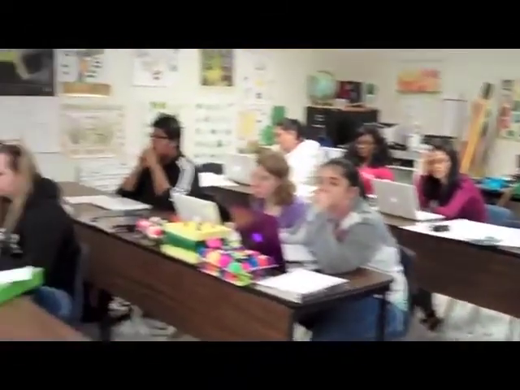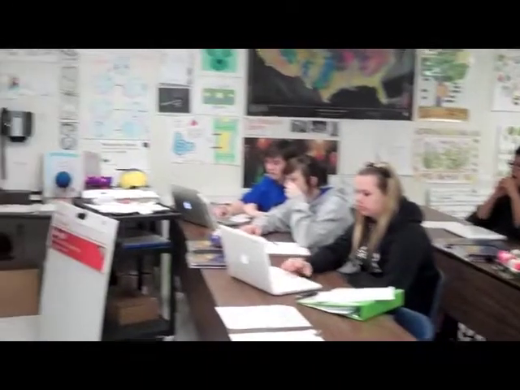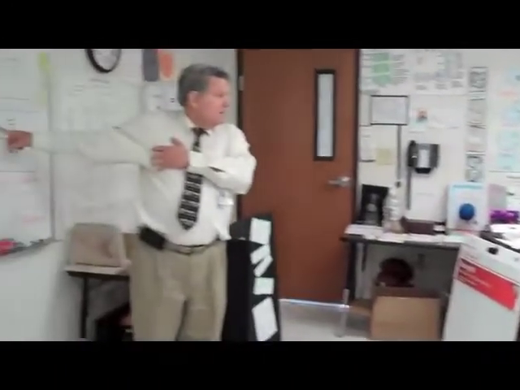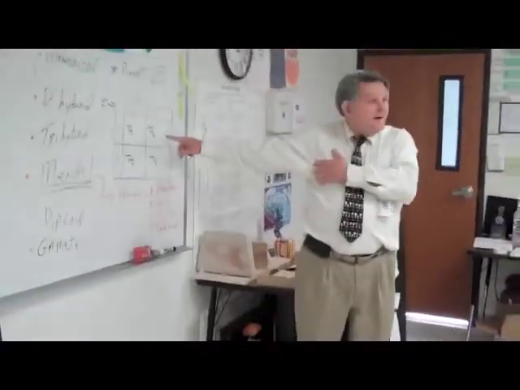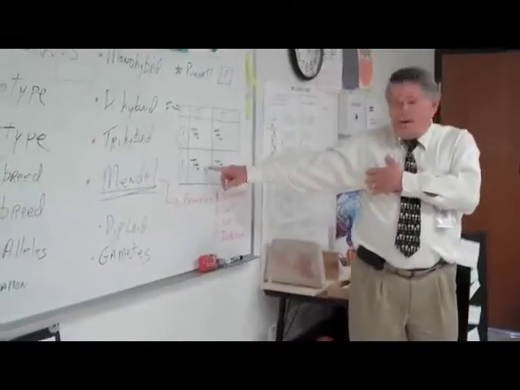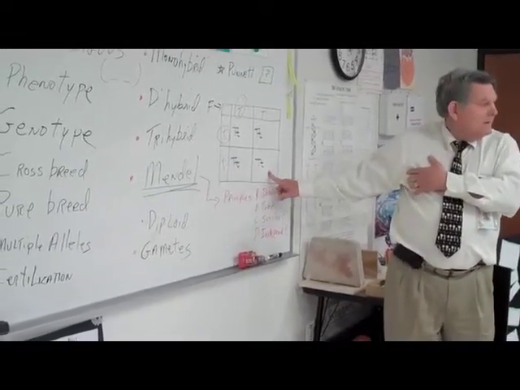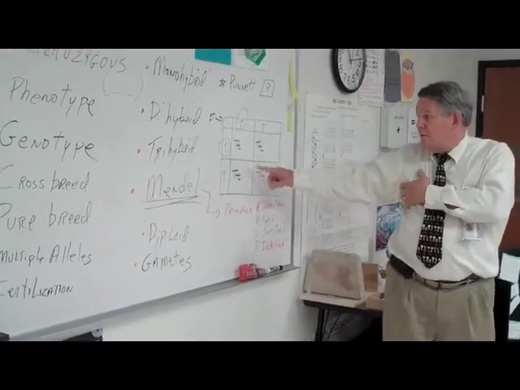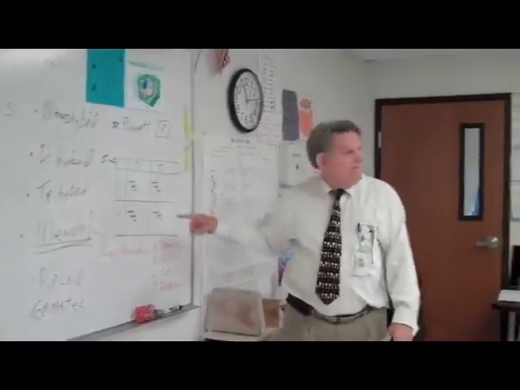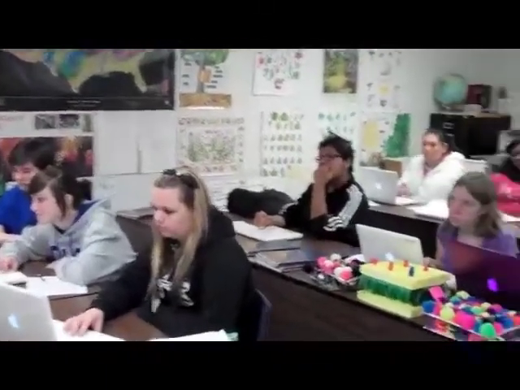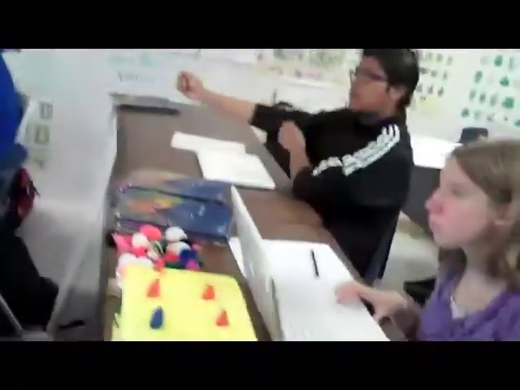So this particular box of the four is big T, little t. This little box is big T, little t. This little box is big T, little t. This box is big T, little t. Alberto, what is the percentage of this? 100%. Now, this big T, little t has a name.